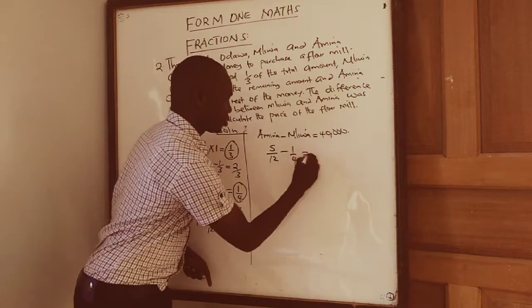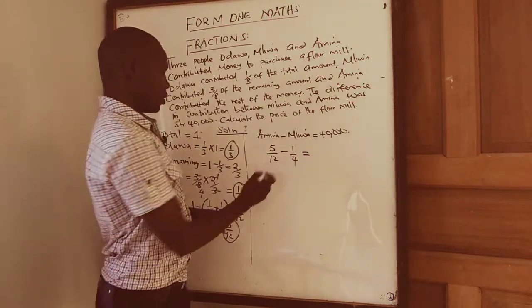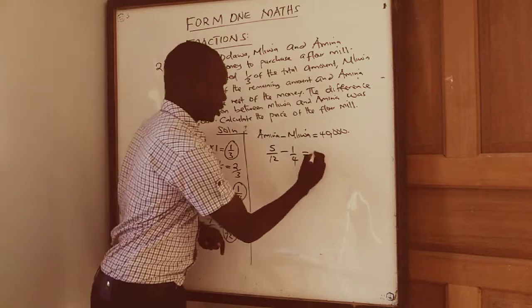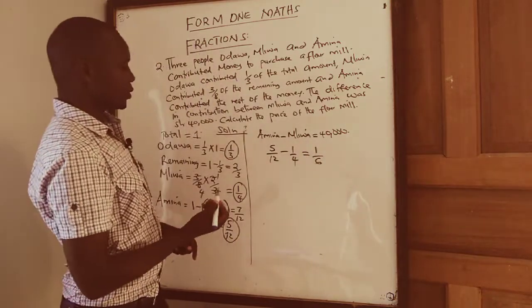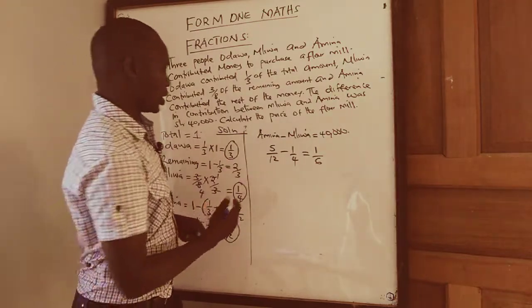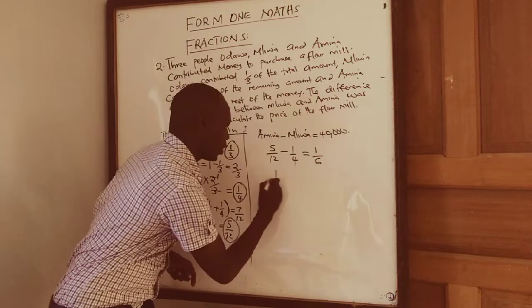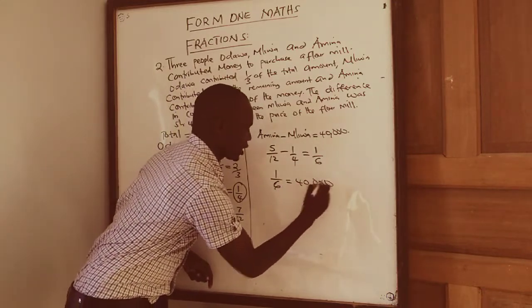That is 5/12 minus a quarter, and it is going to give us a sixth. You can get the LCM, then you work it out that way. So our 1/6 is equivalent to 40,000 Kenya shillings.